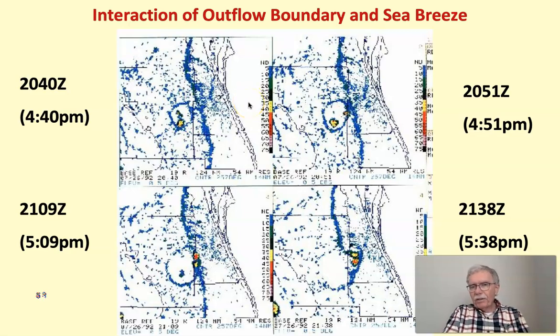This happens to be on the east coast of Florida. We have Cape Canaveral up here near the top of the image. And at 4:40 p.m. local time, we have a thunderstorm cell located inland from the Atlantic Ocean producing an outflow boundary.